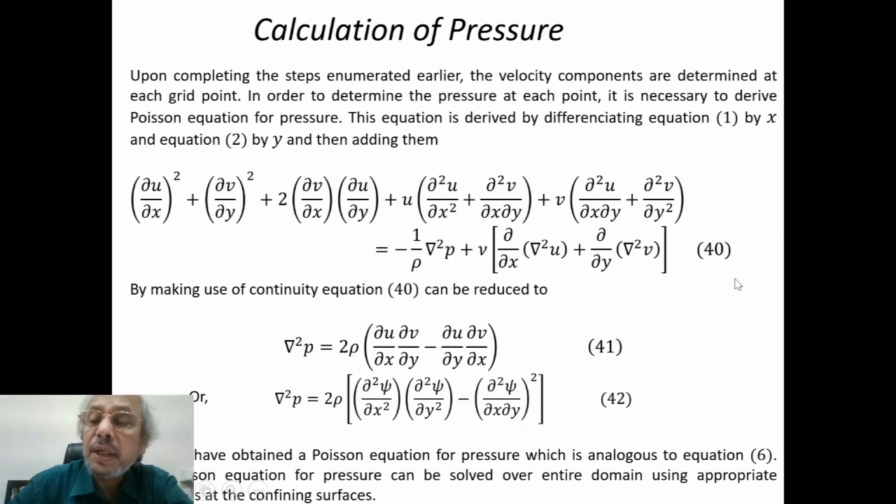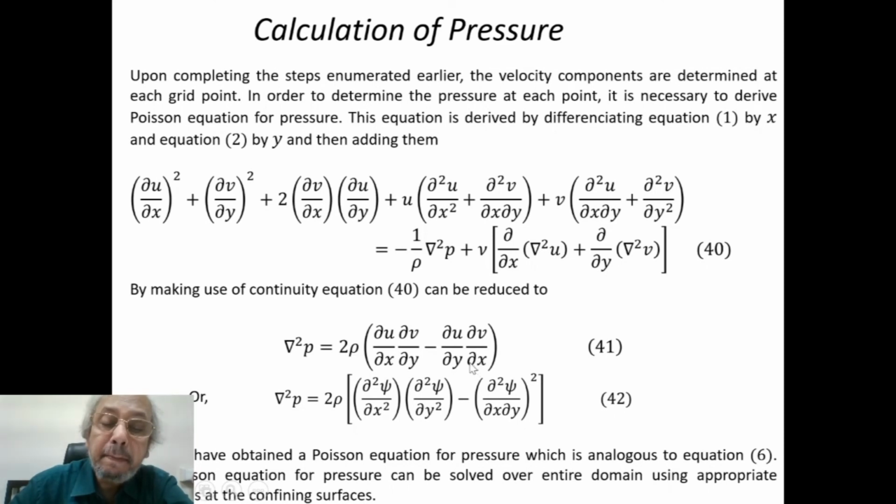We have given this the number 40. So by making use of the continuity equation, you can substitute it appropriately, and you will see a massive reduction of the terms, and you will get del square p equal to twice rho into (del u/del x) within brackets: del u/del x into del v/del y minus del u/del y into del v/del x.